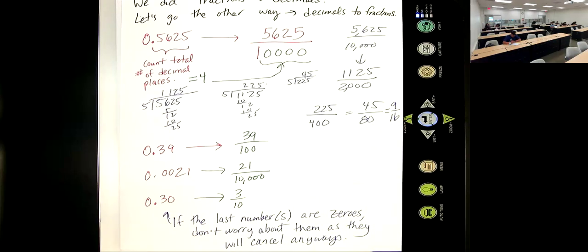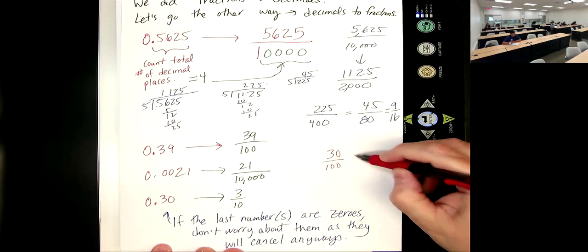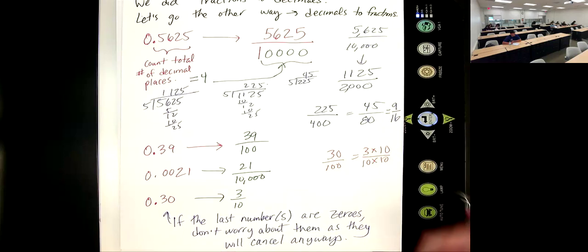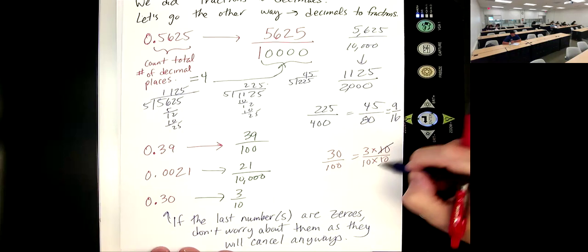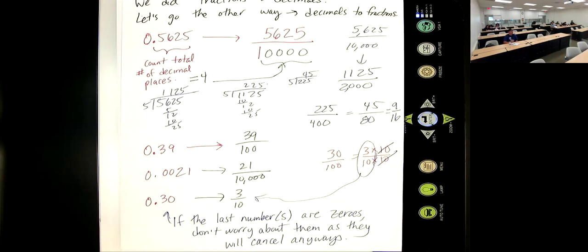So this would be like me, if I had chosen to, writing this as 30/100. But this is 3 times 10 over 10 times 10, and the tens will cancel out and we're left with 3/10. Any questions?